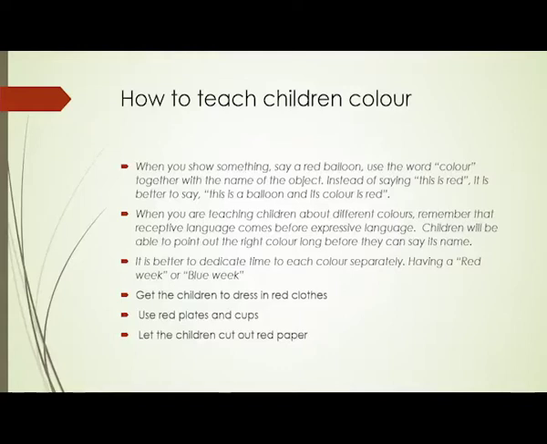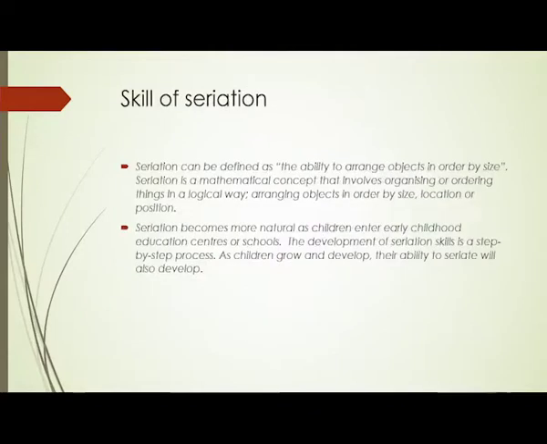So get the children to dress in red clothes for your red week. Use red plates and cups. Let the children cut out red paper, anything that has to do with red for a whole week. So spend time so that the child can grasp these concepts well.